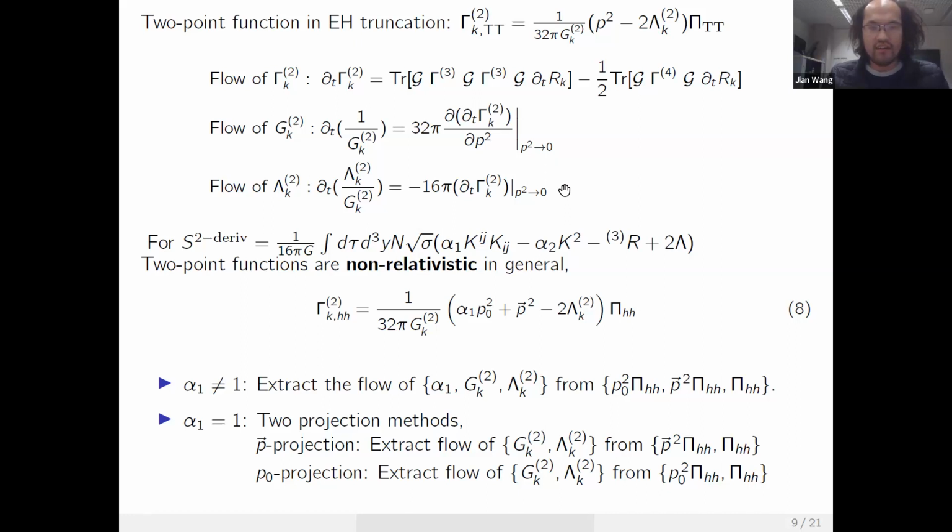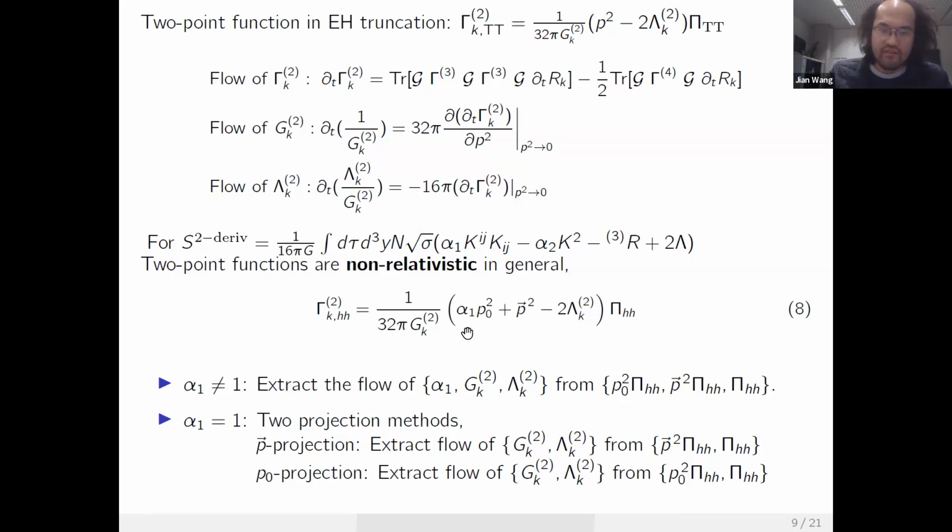Okay. After we have the general algorithm, now we can go to the foliated case, for our two derivative action in the ADM form, which can be given in this formula. We can get the 2-point functions for the transverse traceless components in this way.